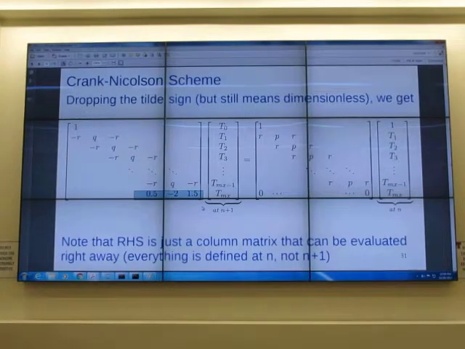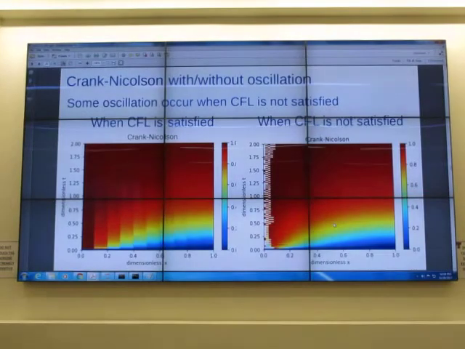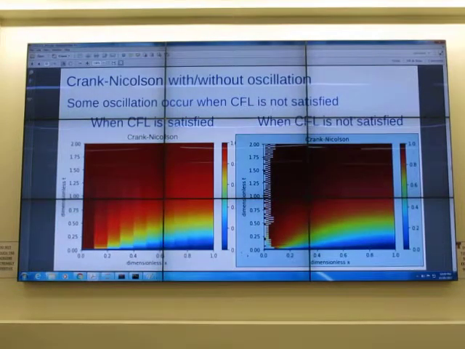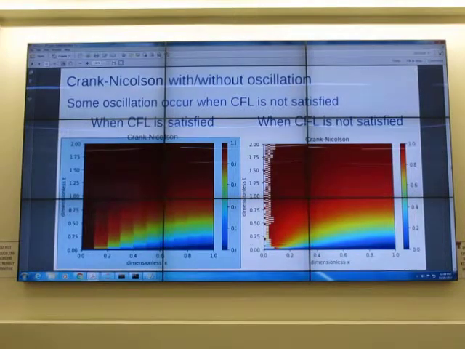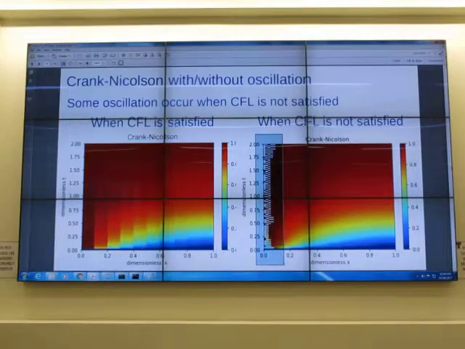Right? And we just have one ODE. So this part we don't have anything. Due to discretization, if we satisfy the CFL condition, I get the step. If not, I get the oscillation.